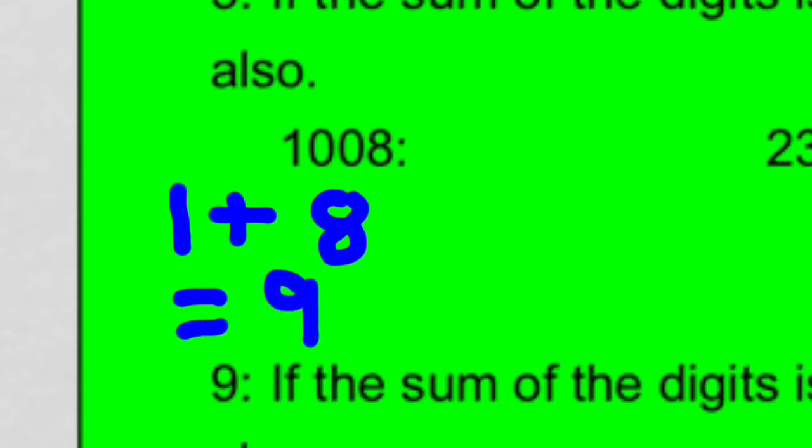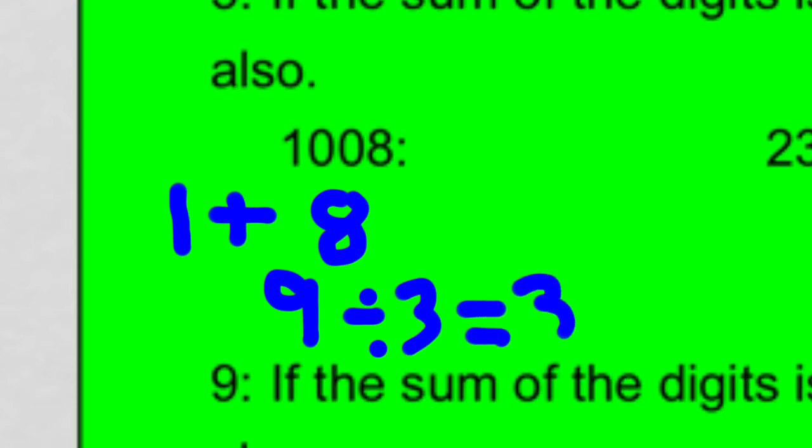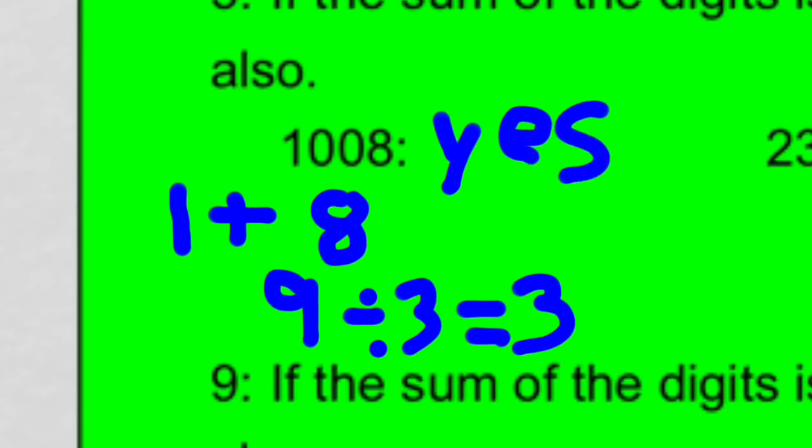And now what you do is you check that sum. If that sum is divisible by 3, then the entire number is divisible by 3. So we'll do 9 divided by 3. And 3 times 3 is 9, so 9 divided by 3 equals 3. Since that digit sum is divisible by 3, 1008 will be divisible by 3.